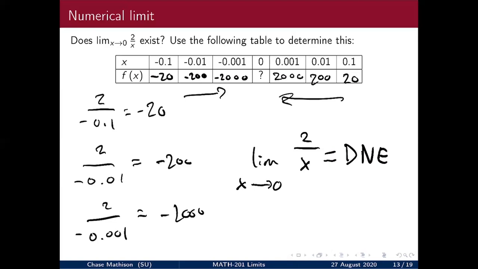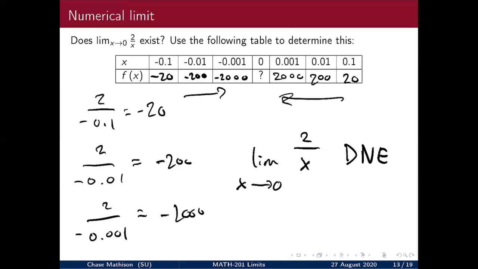Equals does not exist? That doesn't make sense. No equals there. So the limit as x approaches 0 of 2 over x does not exist, is how I would say this in plain English. Any questions?